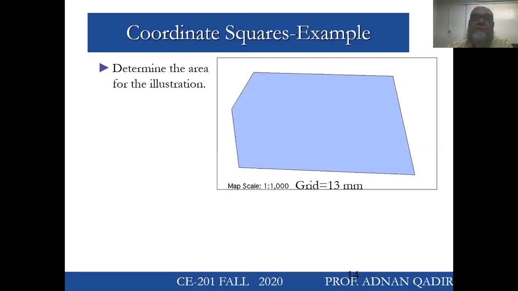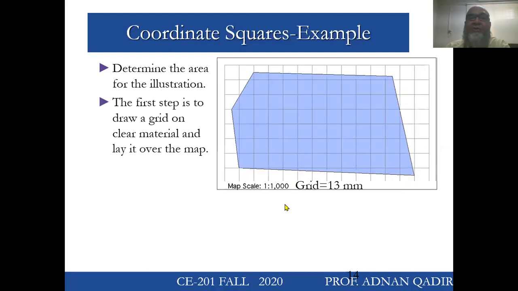So what you do, if you have this figure, and if you are interested in knowing the area of this polygon or this figure, you just divide it into squares, right? I'd say, for example, one square is 13 millimeters.